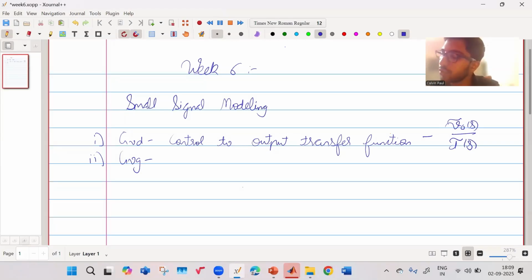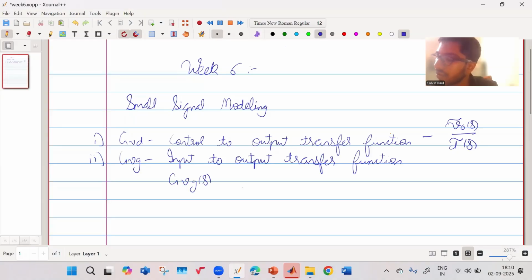Then GVG, audio susceptibility, is the input to output transfer function. Your GVG of s is V output tilde of s by V input tilde of s.